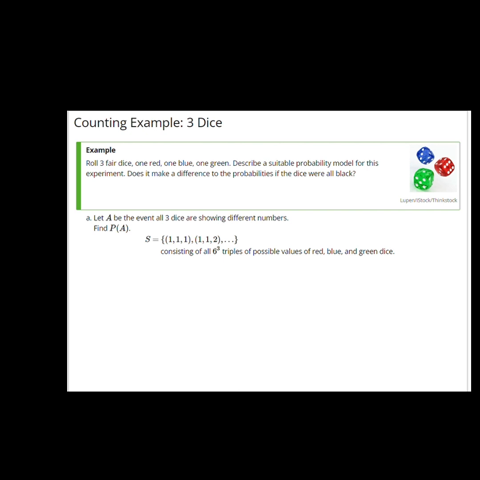This is the number of points in S. The event A is defined as a triple like 1, 2, 3 or 1, 2, 4, in which the 3 numbers in the triple are all different. There are 6 to 3 factors such points. Essentially, we are selecting and permuting numbers without replacement from the set 1 up to 6. So the probability of the event A is the number of points in A, 6 to 3 factors, divided by the number of points in S, 6 cubed.